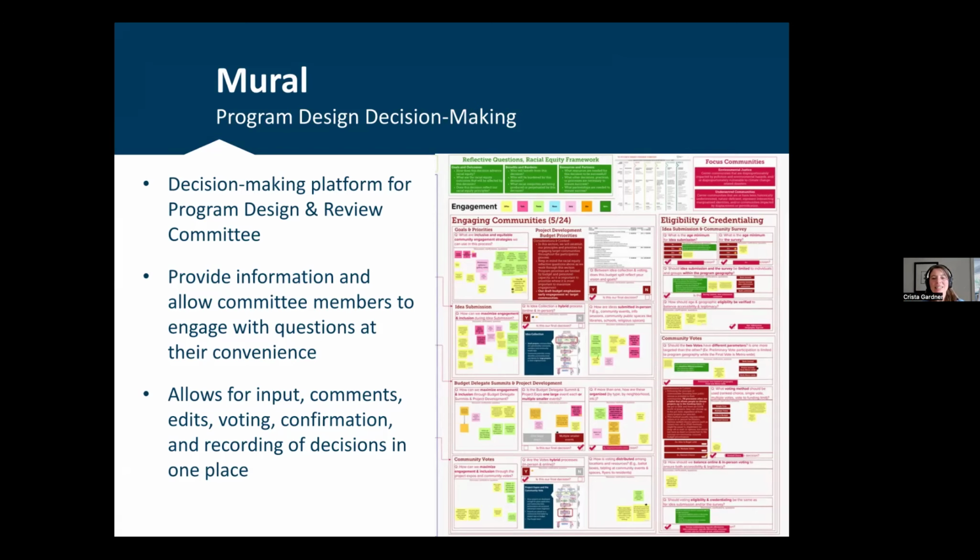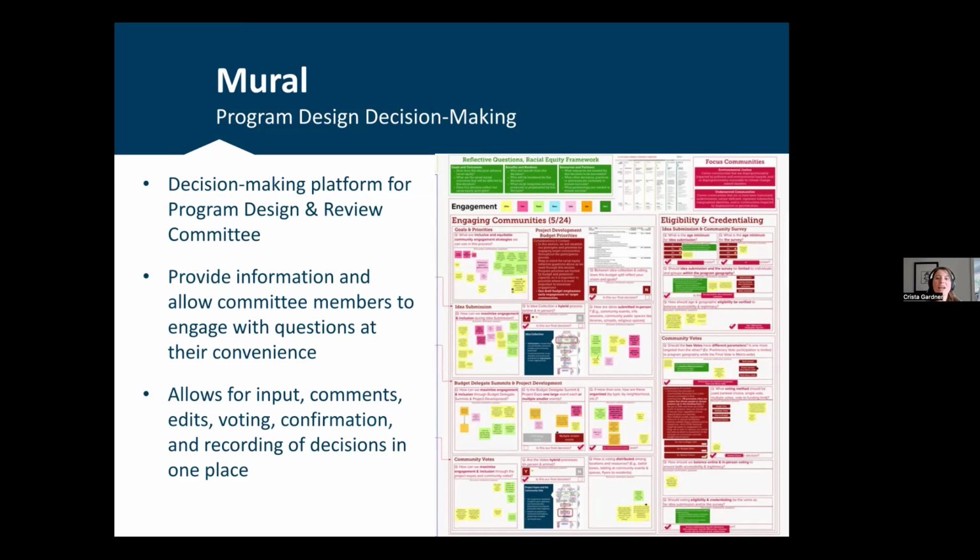You'll see on this mural board that we shared some important resources, such as the racial equity reflective questions from Metro's racial equity framework to help inform some of those decisions. We also allowed the committee to share notes, comments, feedback, and resources to inform those program decisions.